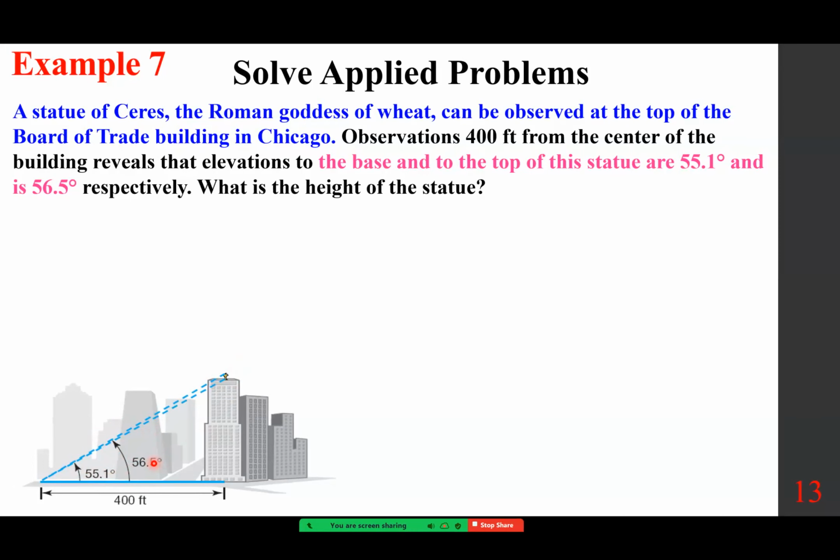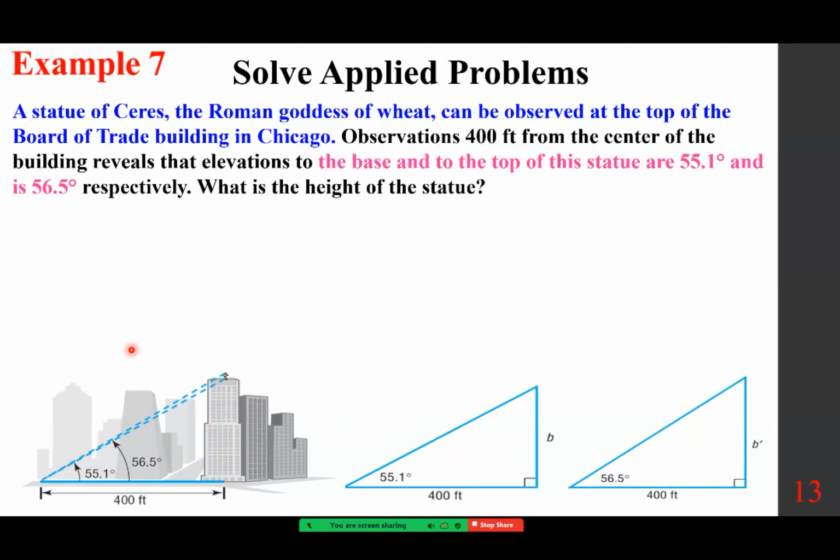So if we were to draw a vertical line here, okay, what happens? We have these two cases, everybody, where for the 55.1 degrees, B is the height of the building, and this one, just a tad more than B, would be the distance from the bottom to the top of the statue.